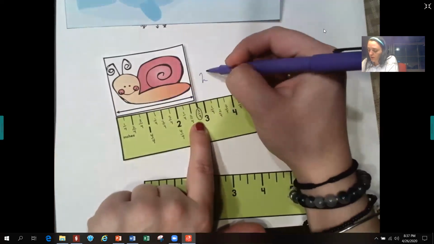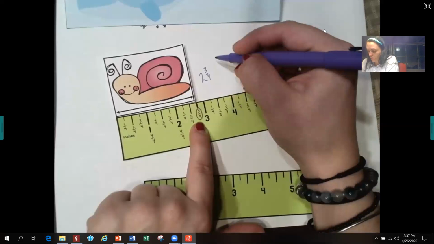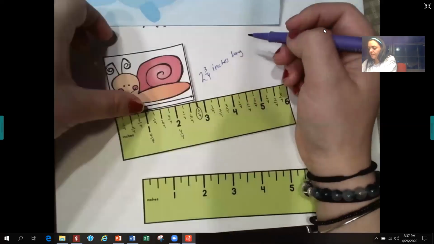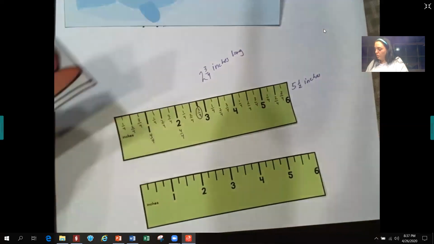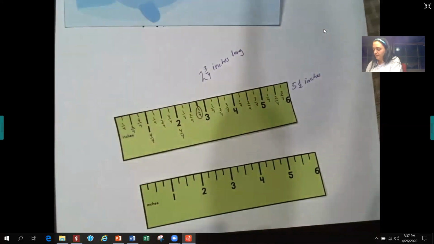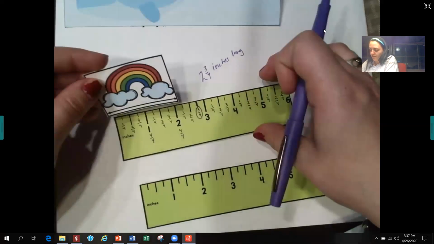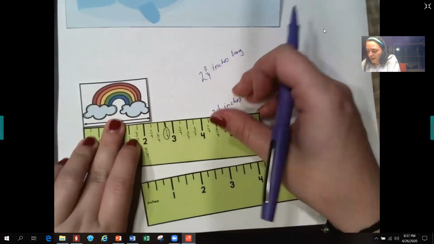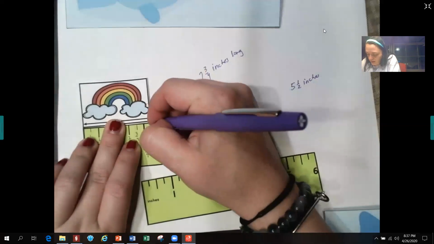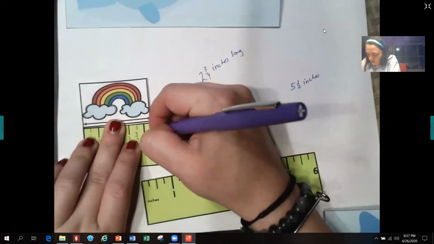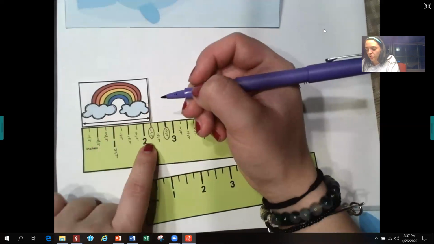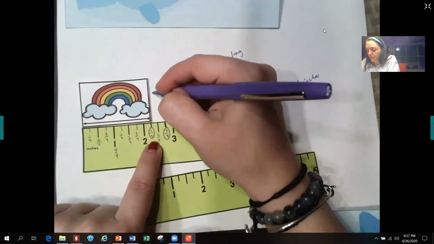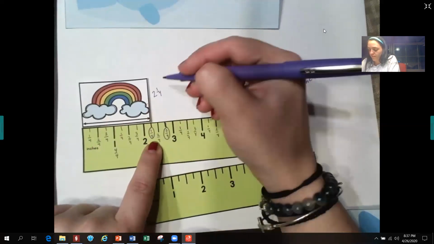So 2 and 3/4 inches long. Let's do a couple more just for practice. I have a rainbow here. Let's measure the rainbow. I'm going to start at the very end, and I see that the rainbow stops at 1/4. But the rainbow isn't just 1/4 of an inch long. It's 2 1/4 inches.